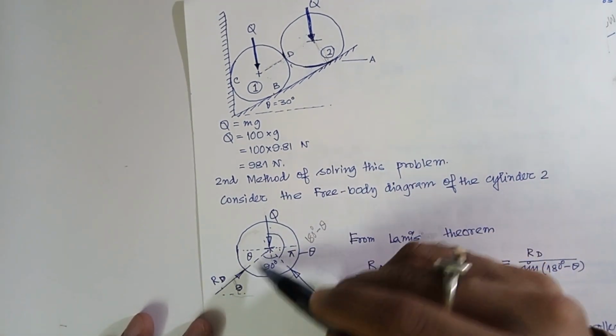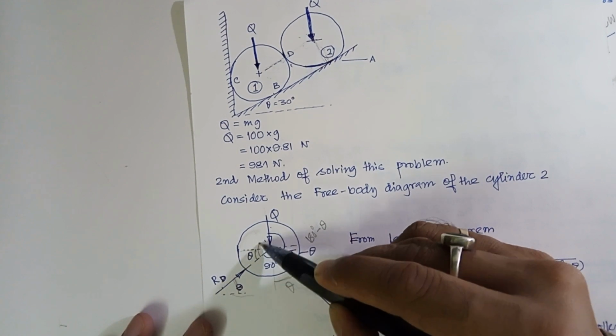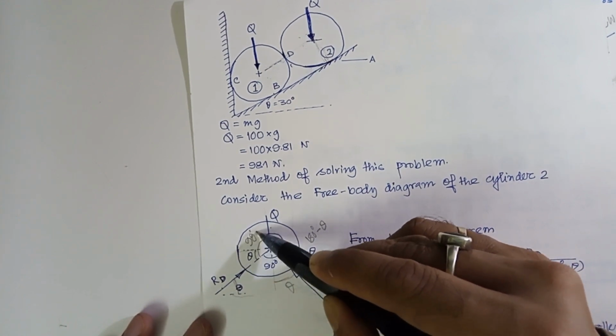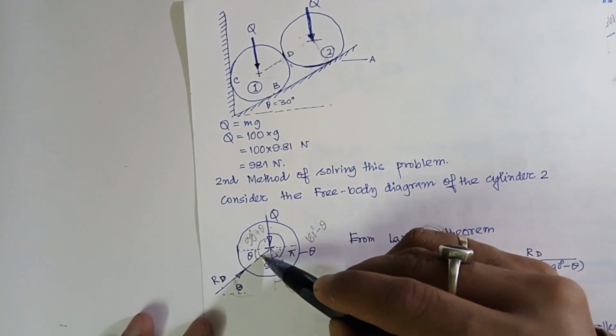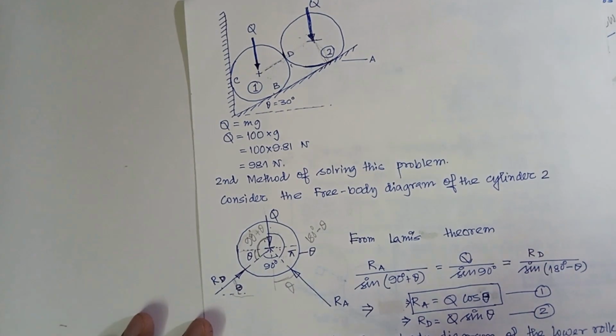And this is also theta, this angle. Therefore the whole angle will be 90 degree plus theta. This whole angle you can see up to this. I guess it is clear.